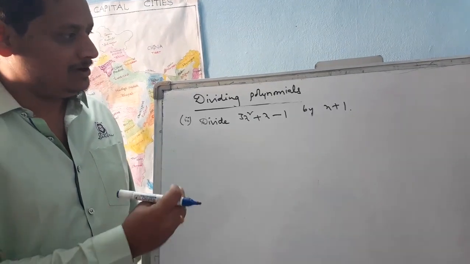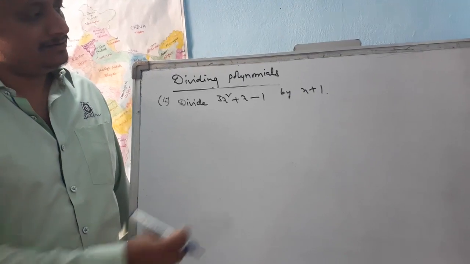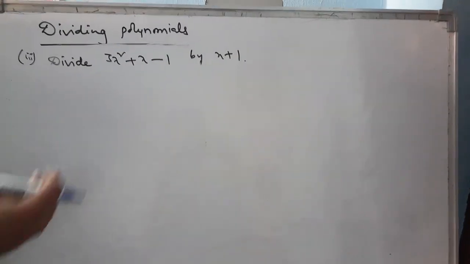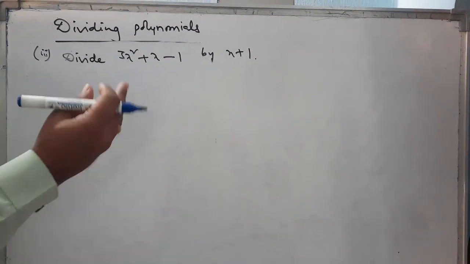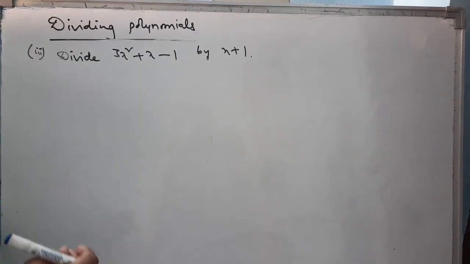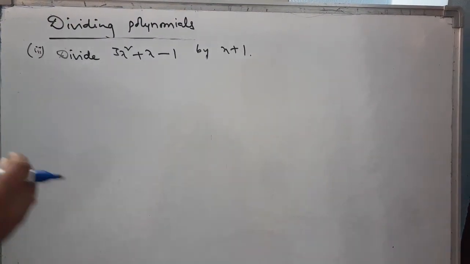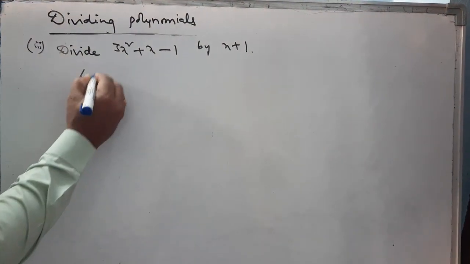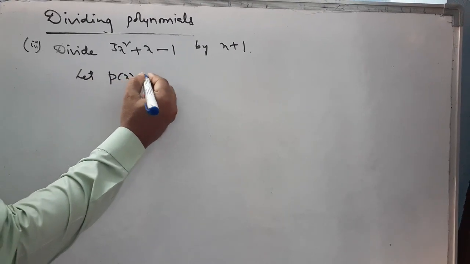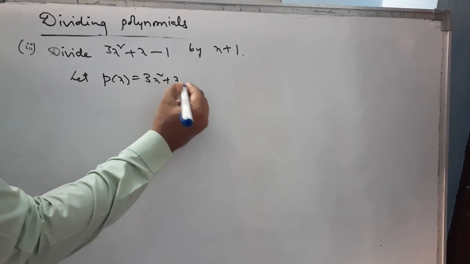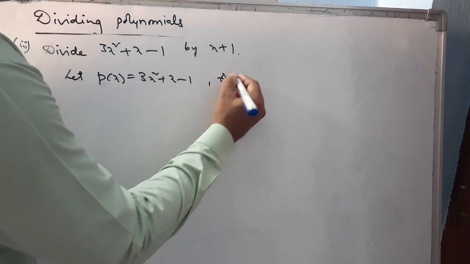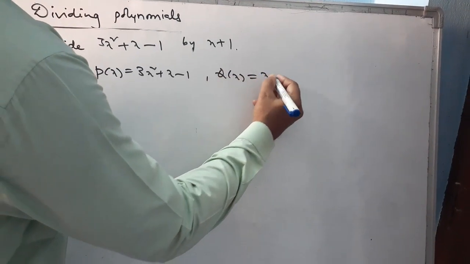Now divide a polynomial by a binomial. Divide the polynomial 3x square plus x minus 1 by the binomial x plus 1. For this, let p of x be equal to 3x square plus x minus 1 and q of x equal to x plus 1.